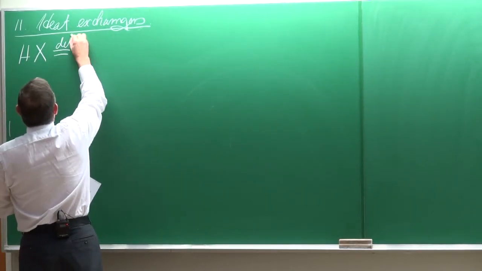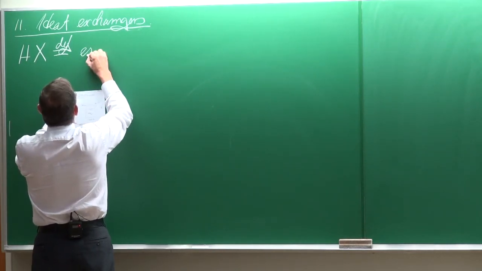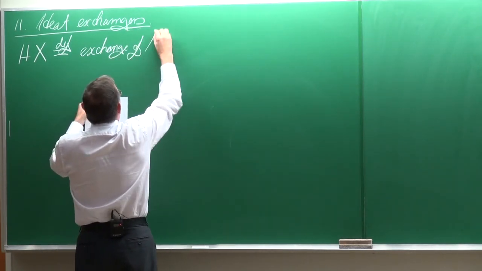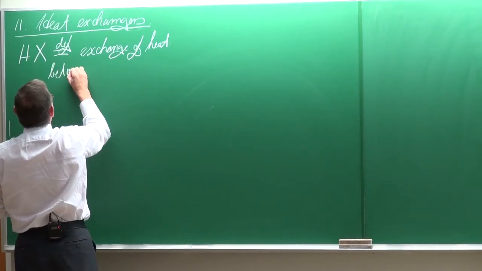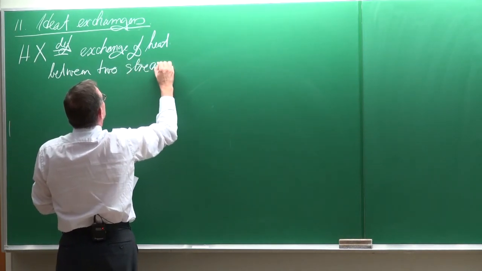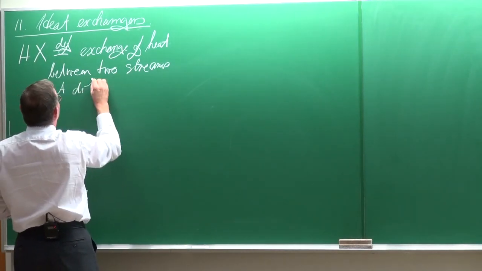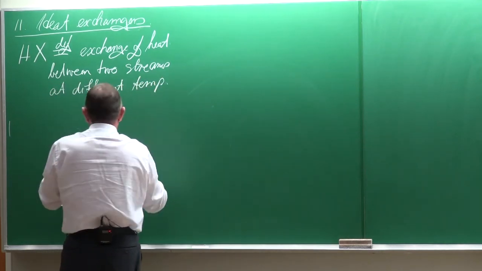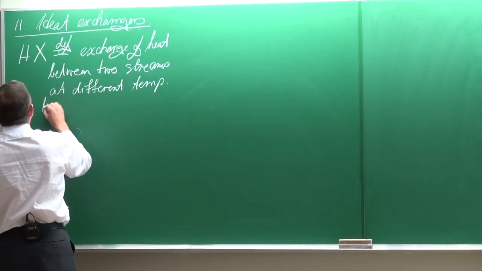So the definition of a heat exchanger is something that facilitates the exchange of heat, and it is between two streams at different temperatures, and keeping them from mixing.